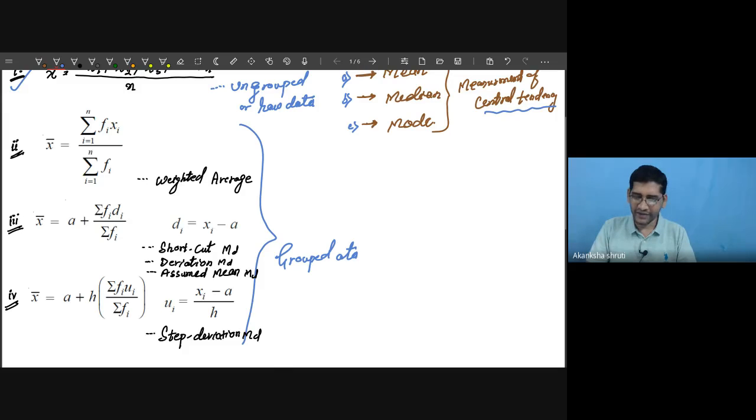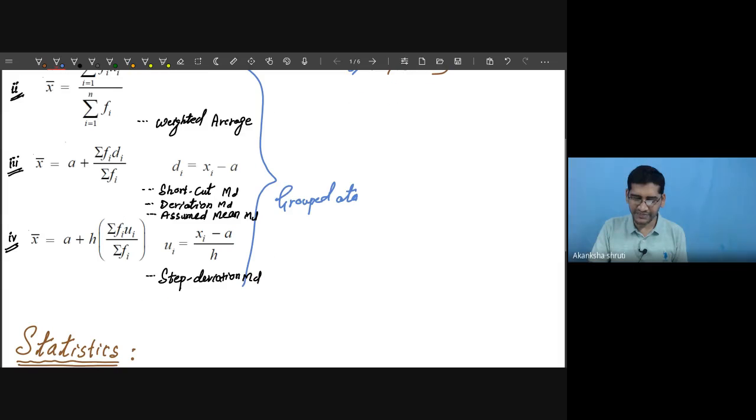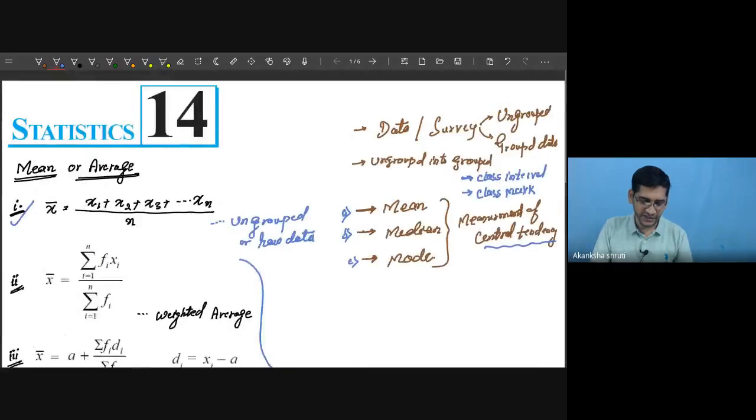So a we have assumed as the mean, and d is obtained by taking the individual deviation of the data from this assumed mean. How we are calculating, that we will see. And the last one is called the step deviation method, where the deviation itself is divided by the class interval h, and then the mean is calculated by a plus h into Σfiui by Σfi. It is this one. So these are the formulas related to mean.